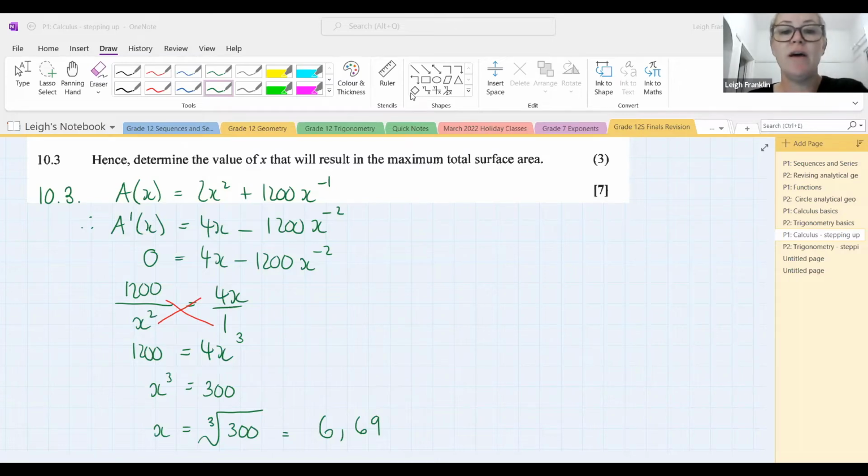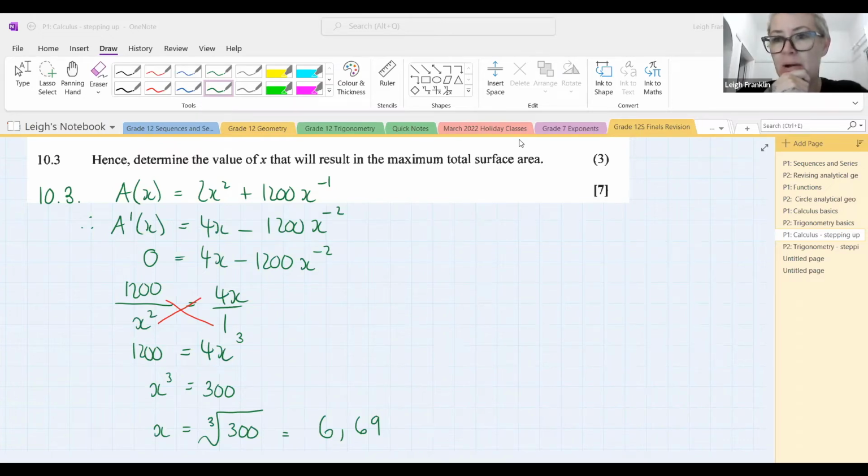You are never allowed to divide by a variable, Isona. Never, ever, ever. You can divide by numbers, but you can't divide by variables, because there are two things that happen. Number one, you end up losing a solution. Also, what if x was equal to 0? Then you would have divided by 0.